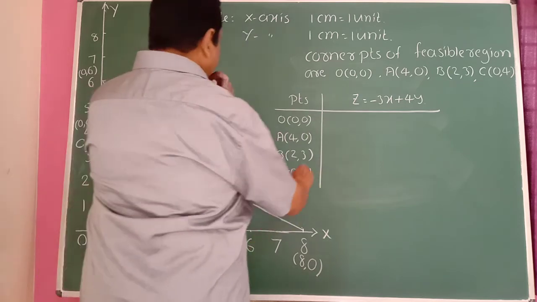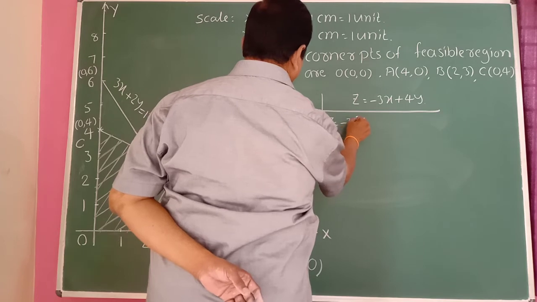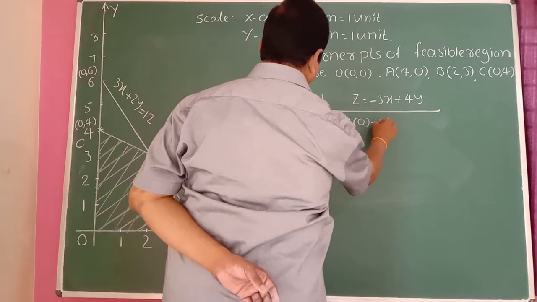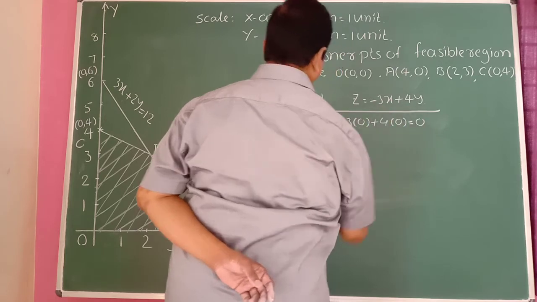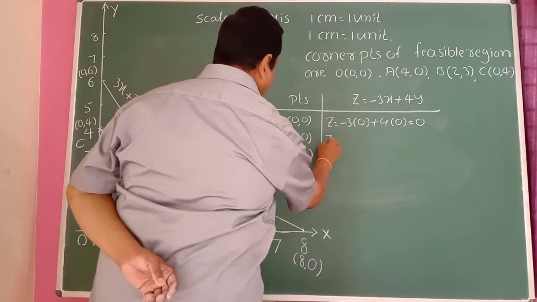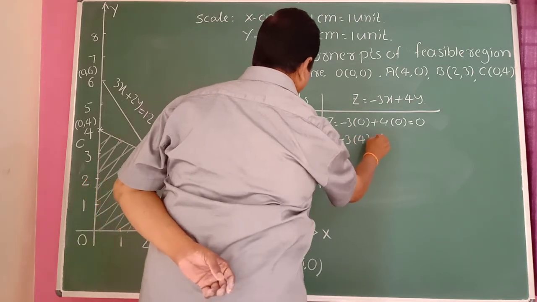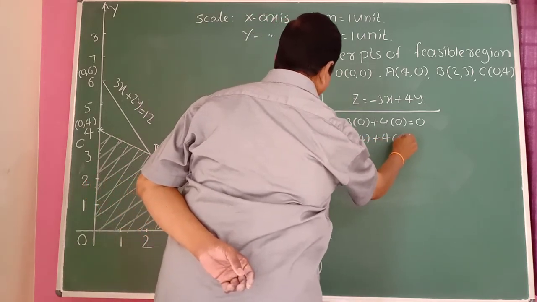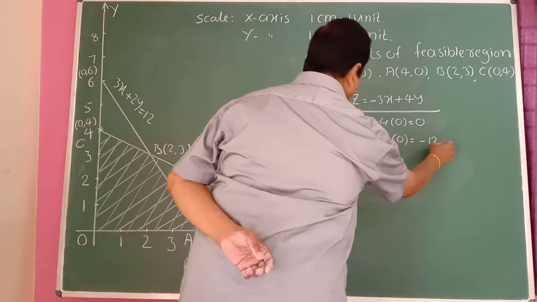Okay, then substitute x and y values here. So z is equal to minus 3 into 0 plus 4 into 0, it becomes 0. Then z is equal to minus 3 into 4 plus 4 into 0. 3 fours are 12, so minus 12.